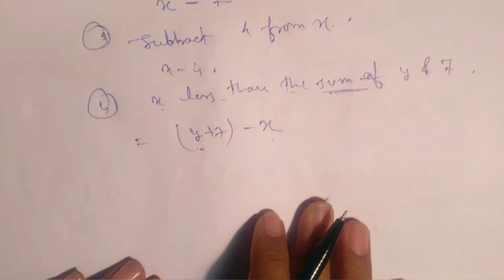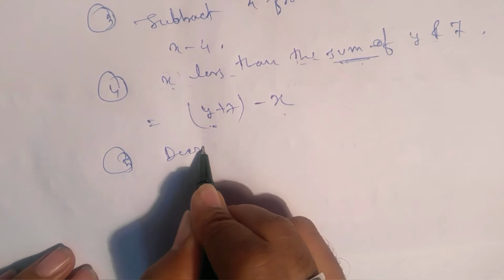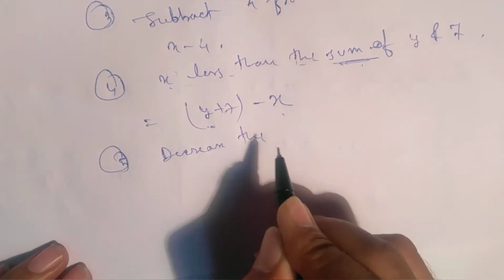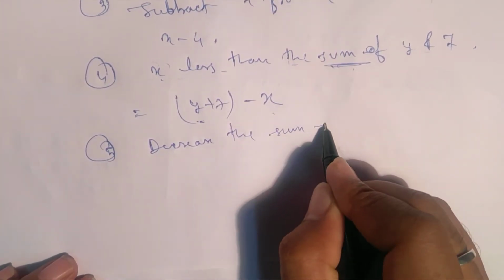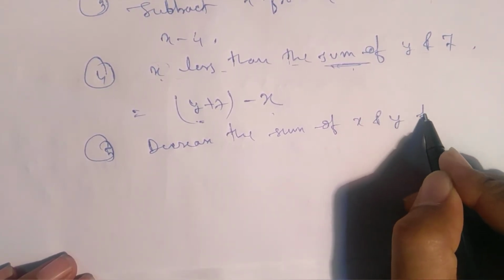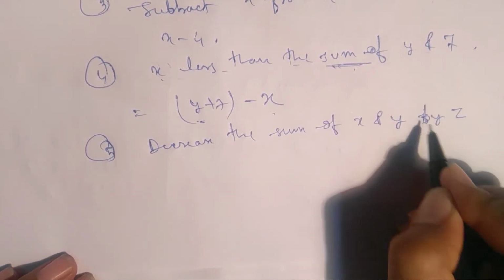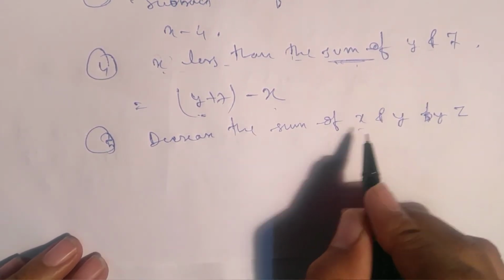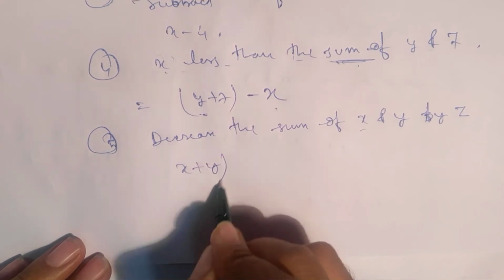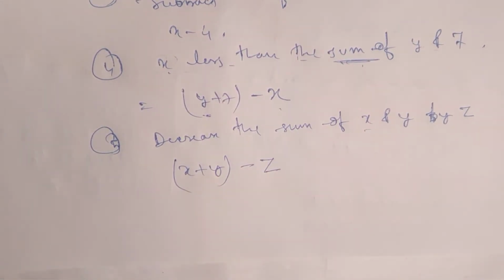Next, decrease the sum of x and y by z. From the sum of x plus y, z is reduced.